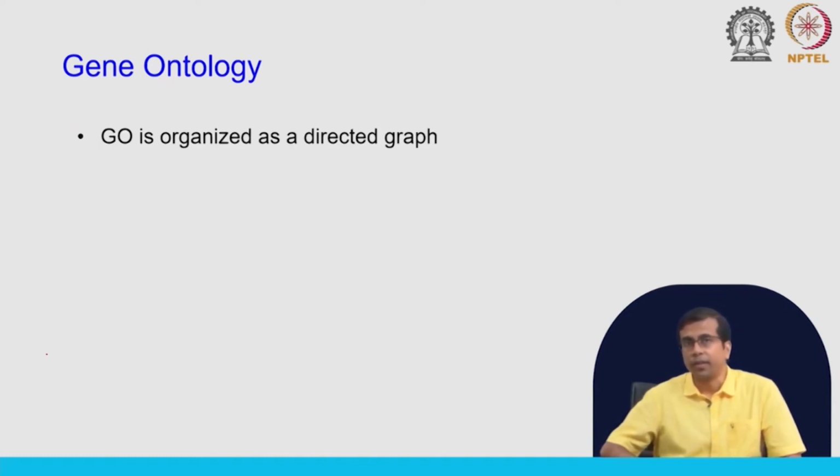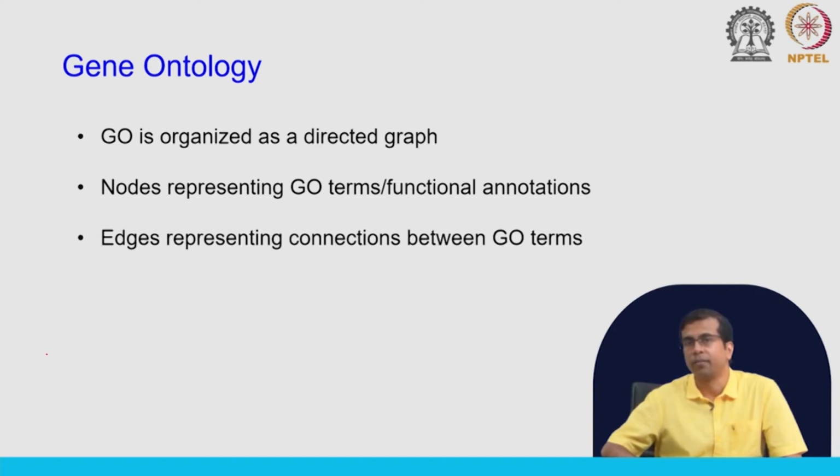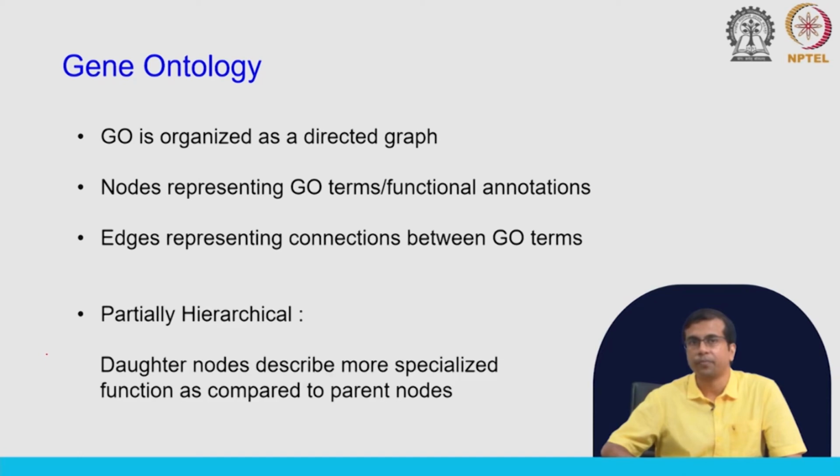Okay, so gene ontology is organized as a directed graph, as you will see once you go into the website, okay, and each node represents a GO term or a functional annotation, and then an edge represents connection between GO terms, right. As I just mentioned one example. So, you can have these connections between different GO terms, okay. And it is also partially hierarchical.